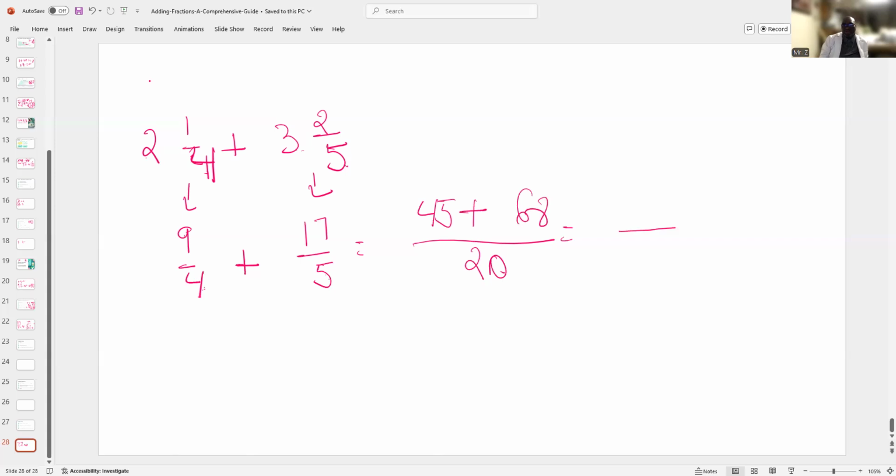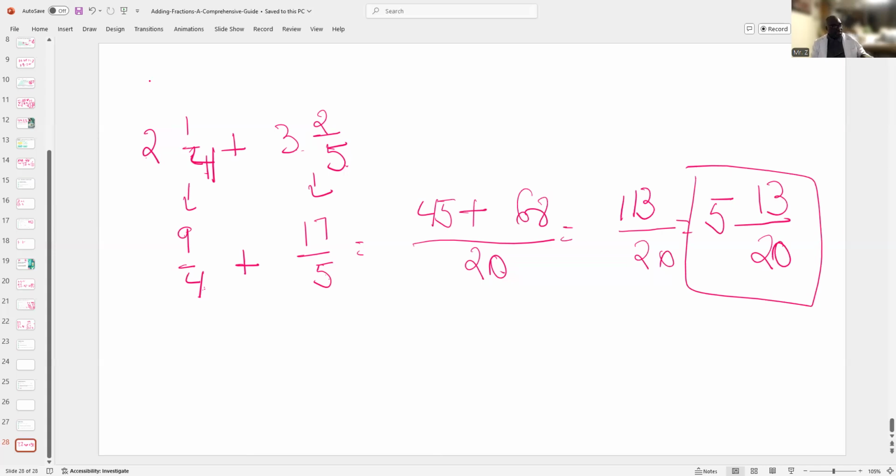You got 20 over there. Now you do your thing. 45 plus 68, you have 113. Ask yourself how many times 20 goes into 113. It's going to go 5 times. So the remainder is going to be 13.